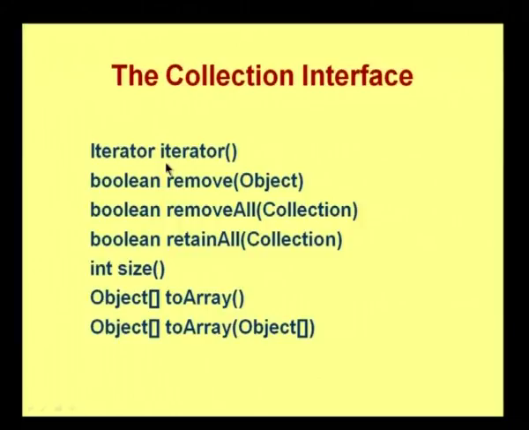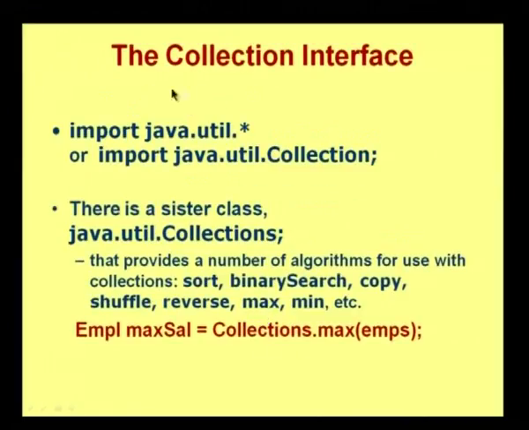We have the iterator, which is used to retrieve the values from the collection. I can remove an object, I can remove a set of collection, and then after removal I can retain all the values. I can get the size of the collection, and I can even change the collection to an array. You can see that the collection interface is available in java.util.